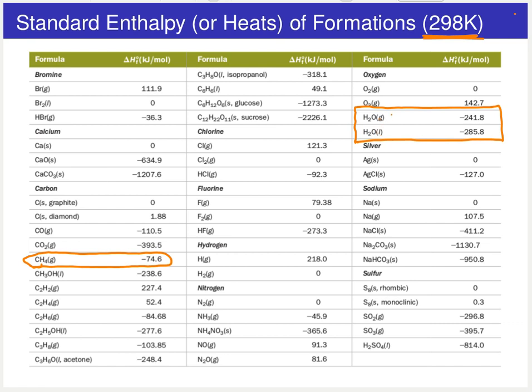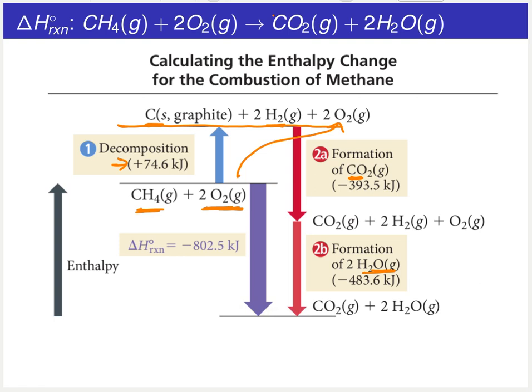So we're looking at H2O gas, and we're going to take this value, minus 241.8. But now remember, when we are forming our final products here, there are two H2O gas molecules. So this represents 2 times the standard enthalpy of formation of H2O gas. That's why that value is double the value we see on the table.